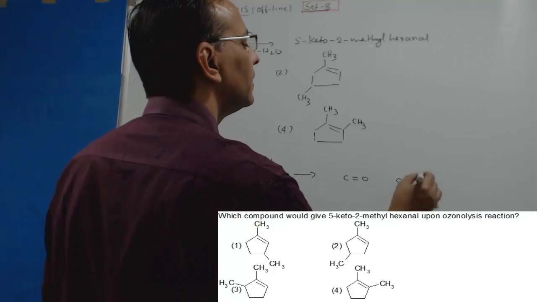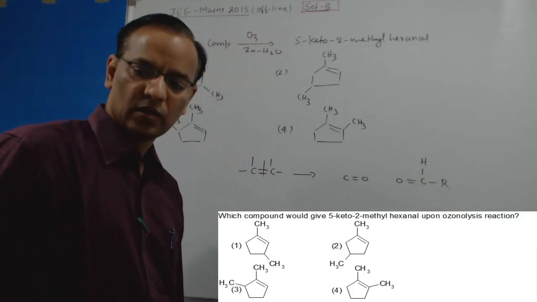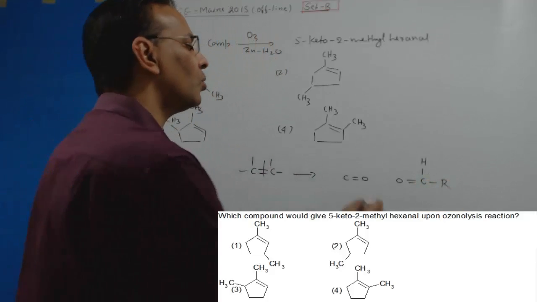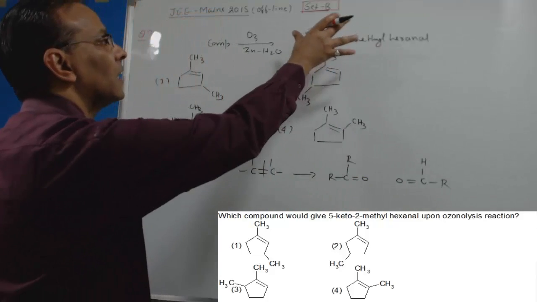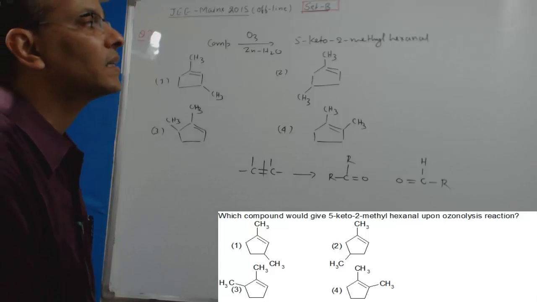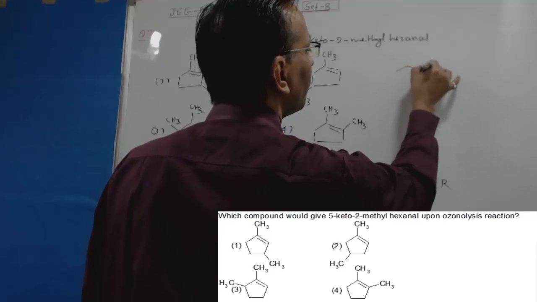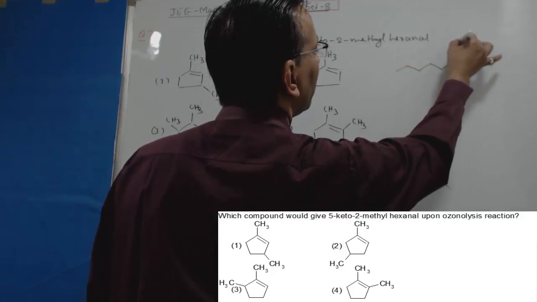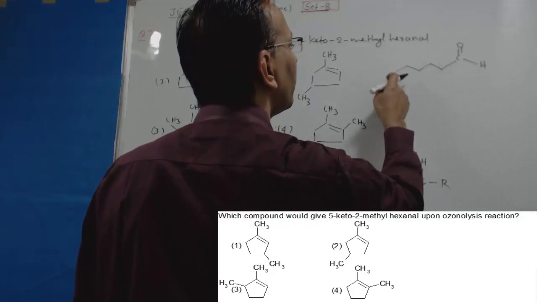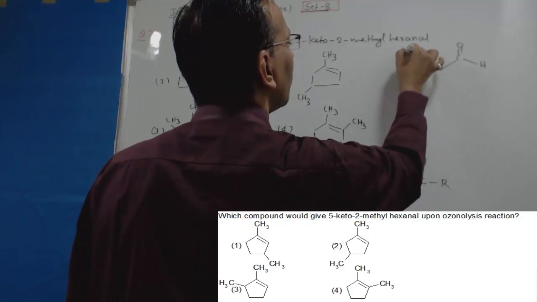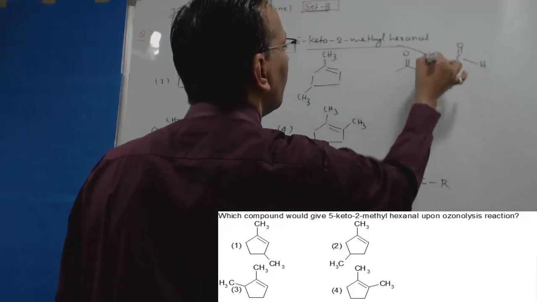For aldehyde, there must be at least one hydrogen and one alkyl group, and for ketone, both must be R. The compound 5-keto 2-methyl hexanal, numbering 1, 2, 3, 4, 5, 6, so it is hexanal. 5-keto 2-methyl, this is the compound we are looking for.